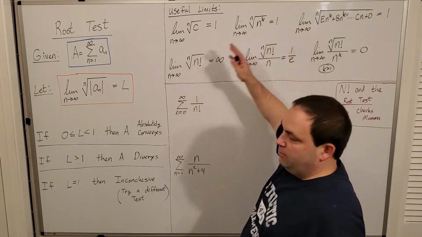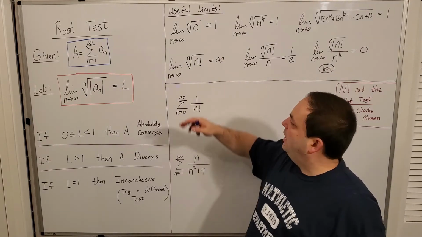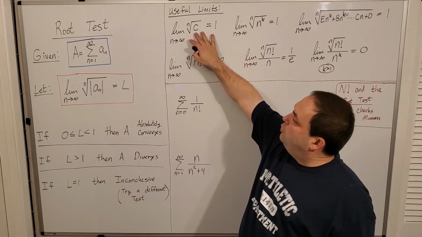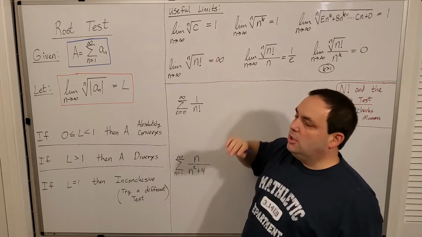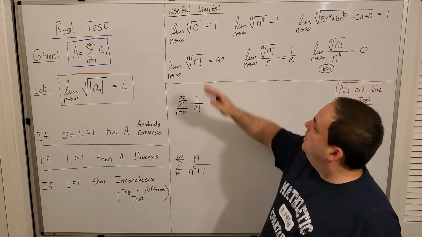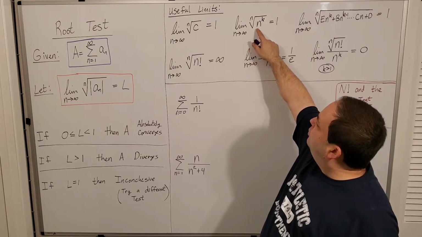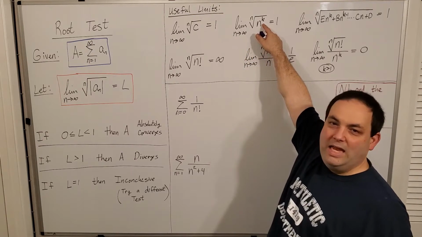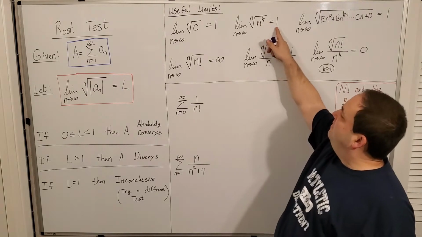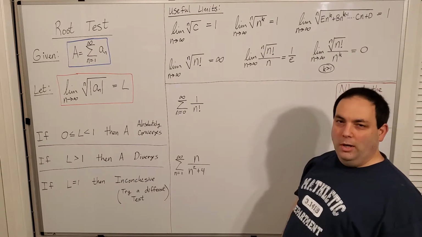So all of these can be shown in that same light. Okay, but anyway, if you take the nth root of a constant, then that's going to go to 1. Okay, something a little bit more potent. If we take the limit as n goes to infinity of the nth root of n to some power k, that's also going to go to 1.